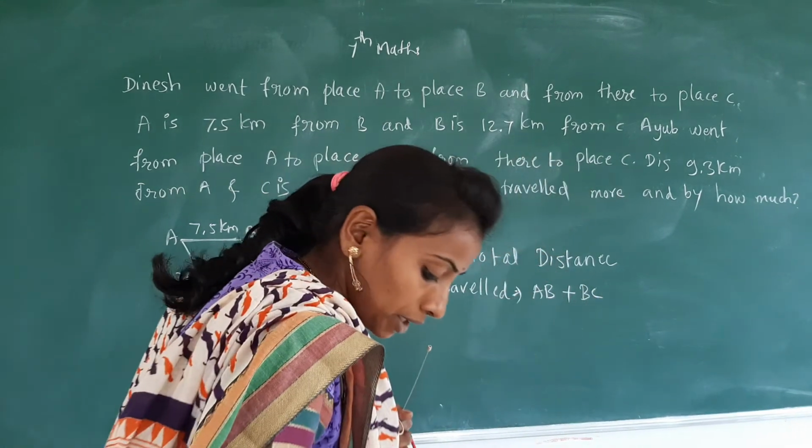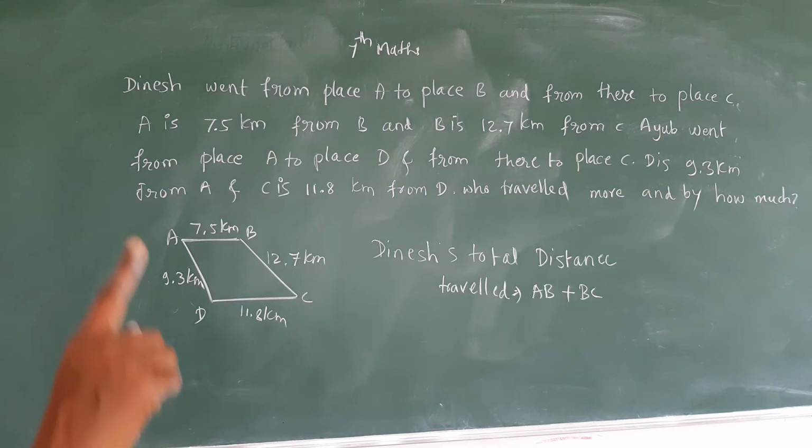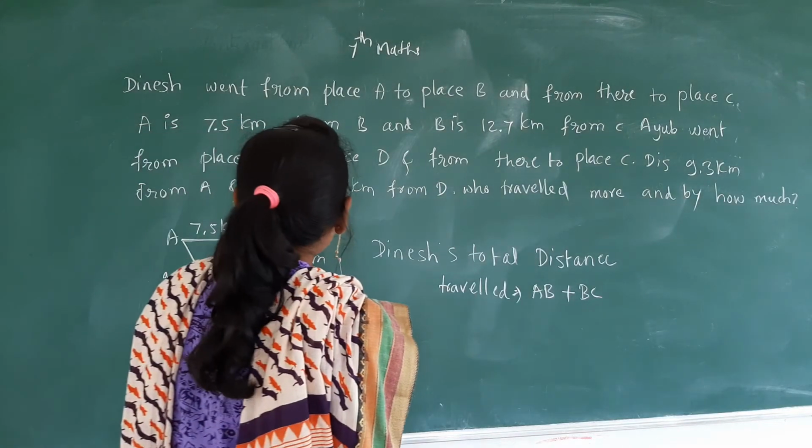See, in the statement, Dinesh went from place A to place B, means A to B, and from there to C, again from B to C he has traveled. The distance given: A to B is 7.5 kilometer and B to C is 12.7 kilometer. We have to find the total distance of Dinesh, means AB plus BC.